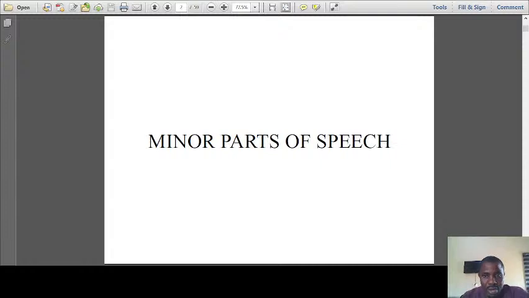But we provided, I think, about 4 or 5 major differences between major and minor part of speech. What makes this set major part of speech? What makes this other set minor part of speech?